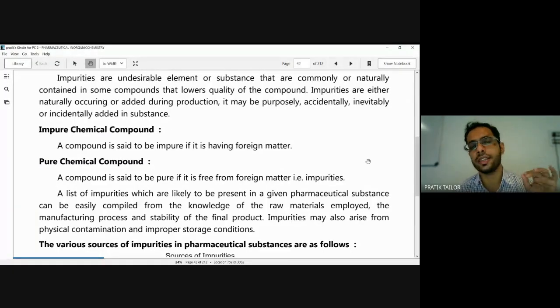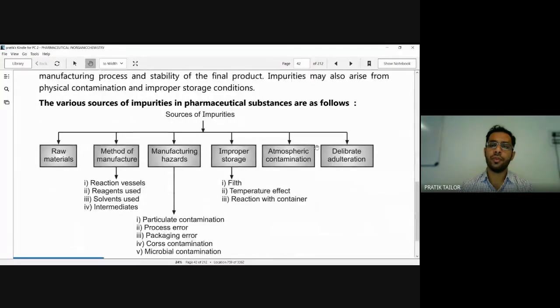So you have this knowledge from what? You know the manufacturing process of this calcium carbonate powder, the dosage form preparation process, and the raw materials used for the manufacturing. So this is how you can have knowledge of impurity from these processes.